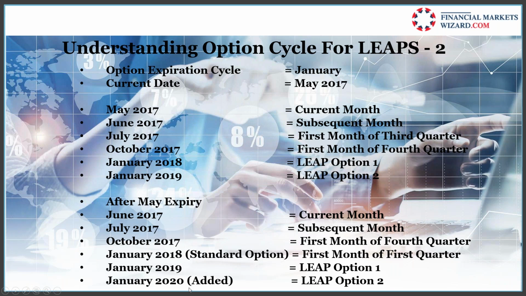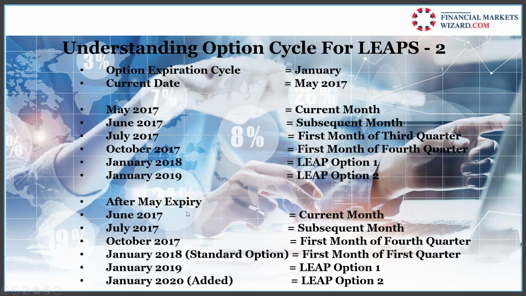Okay, so let's go through it again. January cycle, May is the current month. June is the subsequent month. July, because it is the first month of the third quarter, January cycle. October is the first month of the fourth quarter, right? So these 4 months are the normal months. January 18 and January 19 will be the LEAP option months.